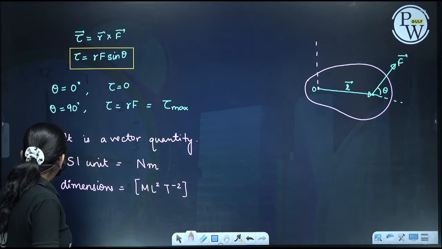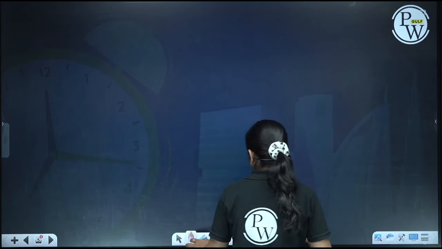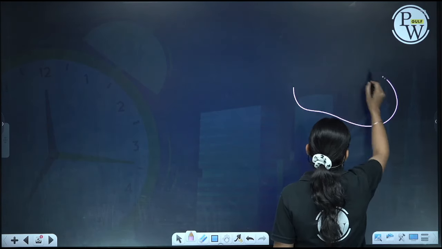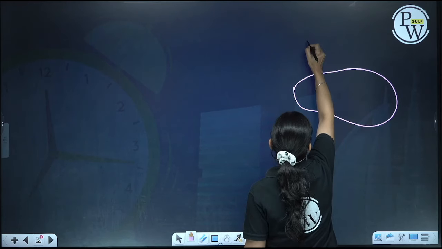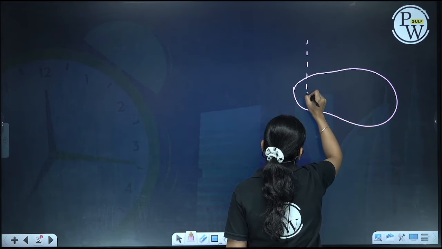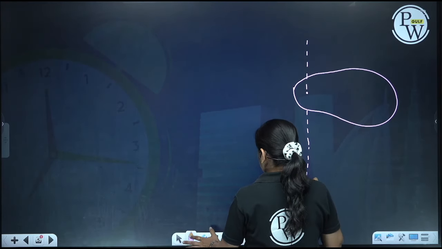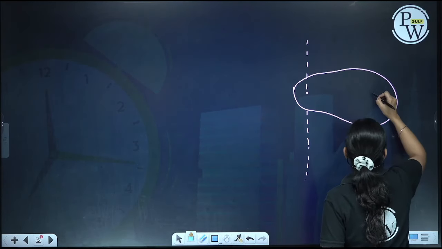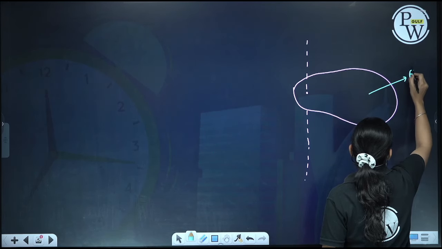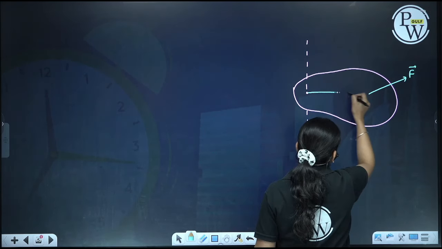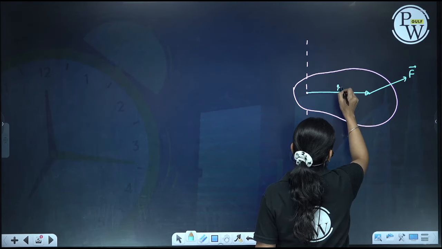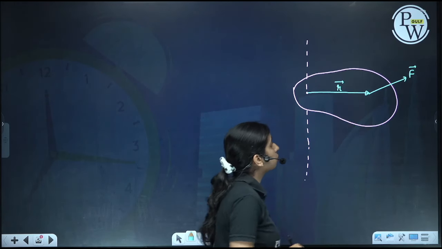Okay. Now how to calculate the torque? Suppose we have this rigid body which is rotating about this axis. And a force F is acting like this. So draw the position vector from the axis of rotation to the force.